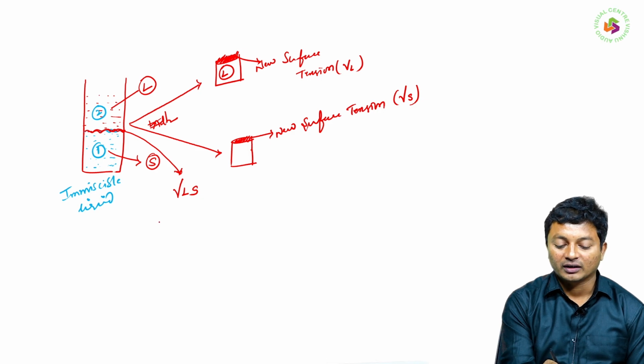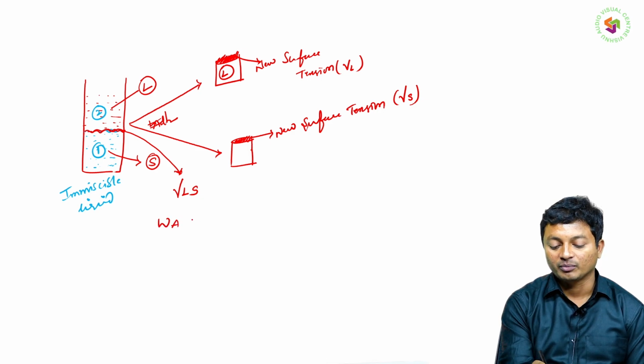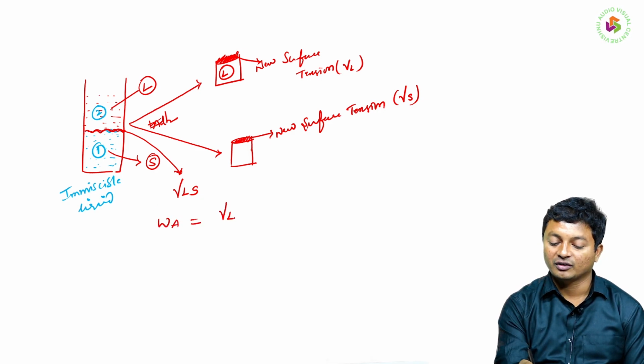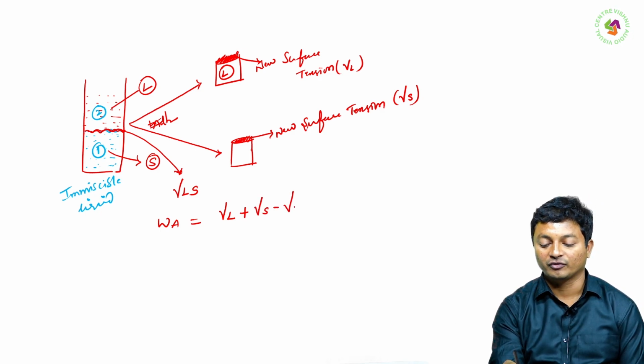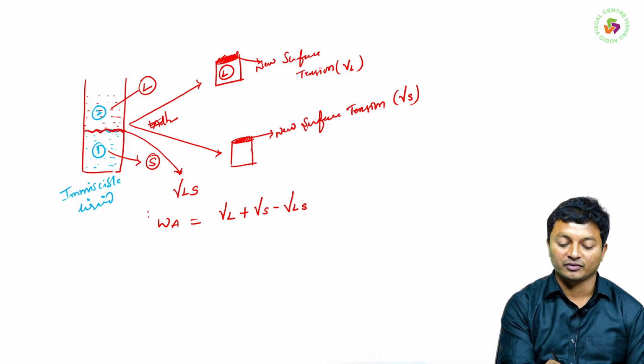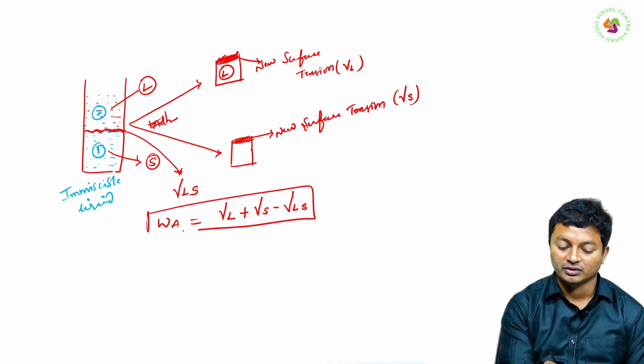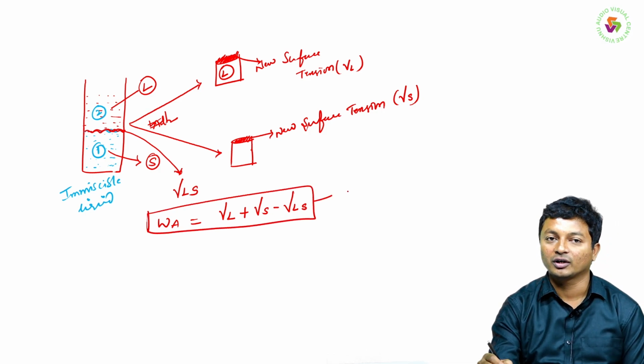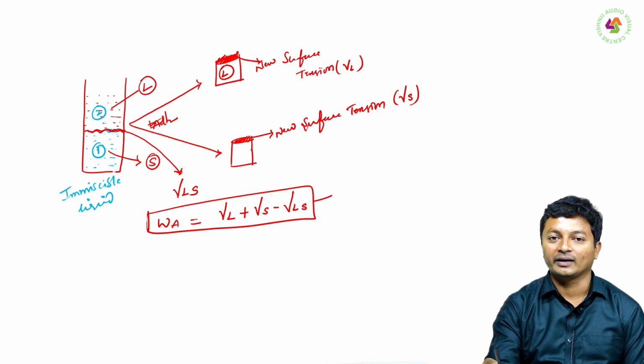So the work done at adhesive force can be written as the surface tension of the liquid plus the surface tension of the solid minus the interfacial tension. This can be used to know the work done at adhesive force.